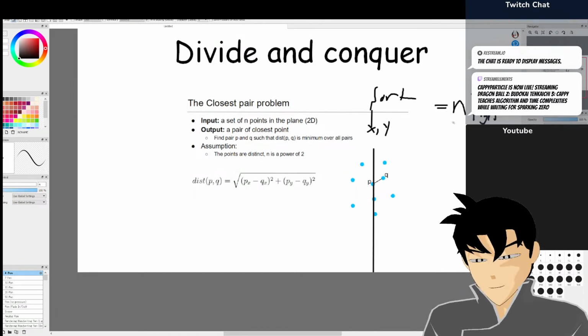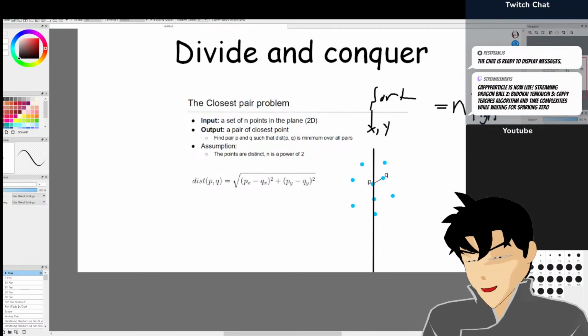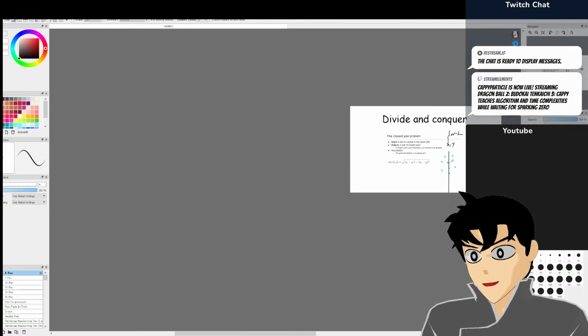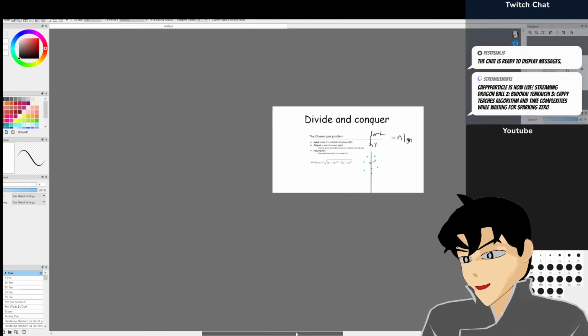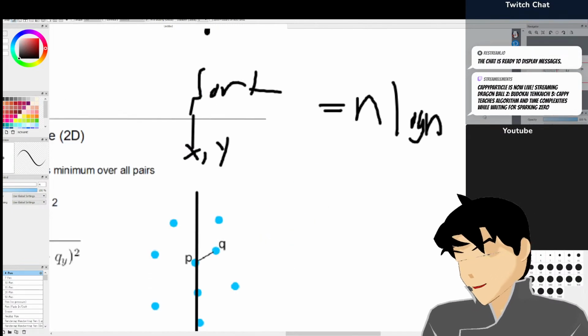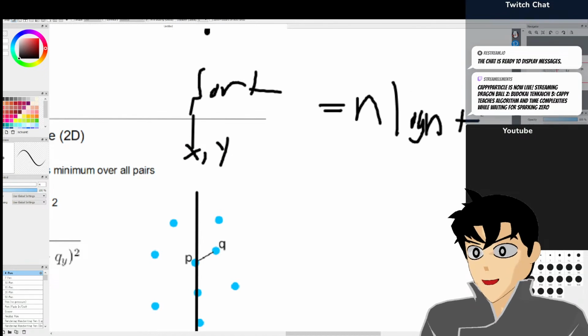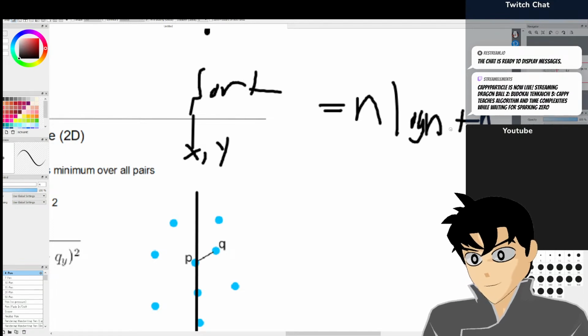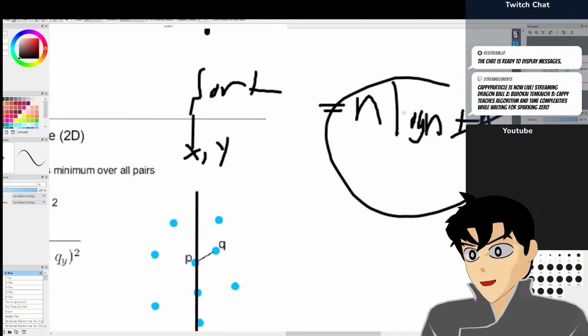But then, with the sorted list of n, which is y, we can go through and figure out which ones are the closest. Which is a plus n, and since it's plus, it's not n log n squared. Because n is a constant, you cross that out: n log n.